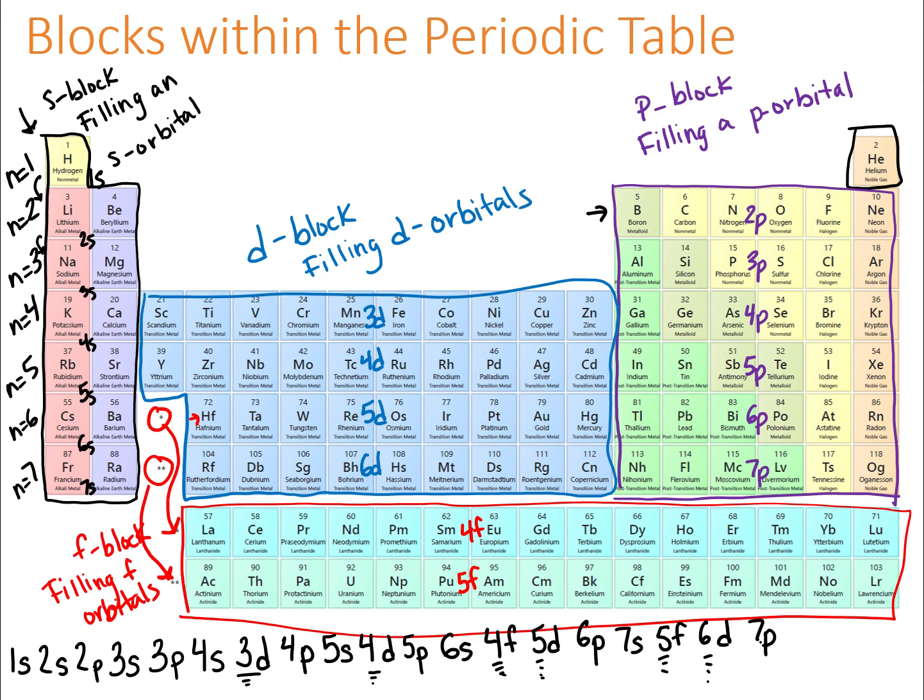With this order, you can literally write any electron configuration for any element on the periodic table. If you don't have this down in your notes, make sure you get it there, either now or after I post it. You can print it out and slap it in your notebook.